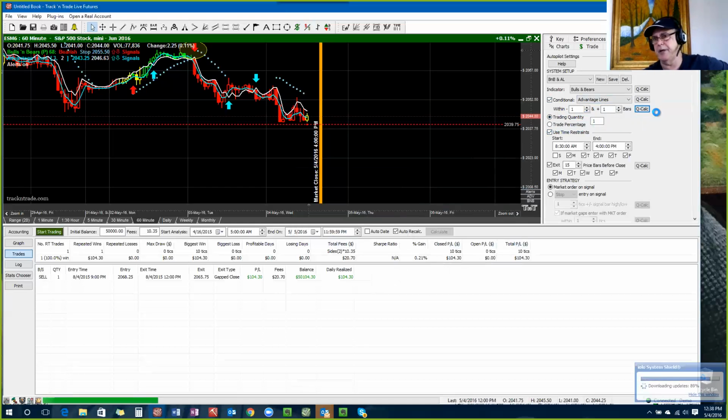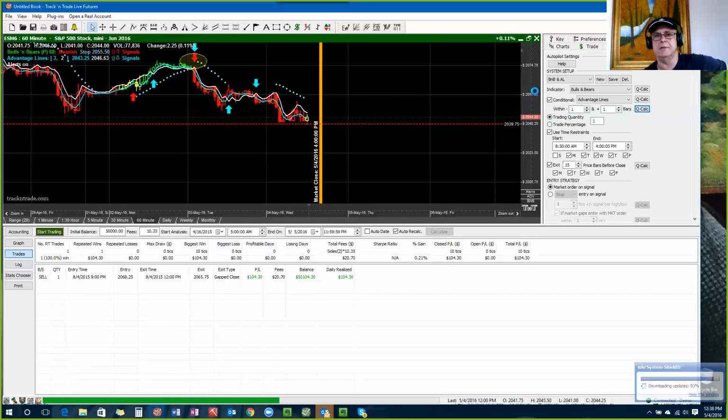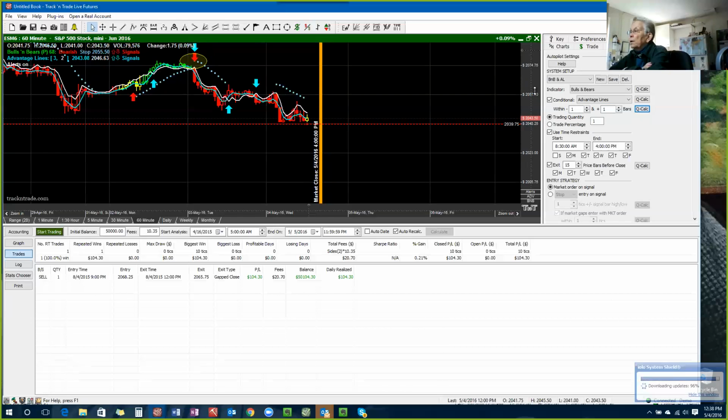I don't like the QCalcs that much. Lan hates them. He said, I wish they were never put on there. He said, the only reason I put them on there is because I had so many of the customers saying, Lan, the computer's so smart, why don't you tell it to go back and find the best settings? Well, why does he hate it? I mean, it seems to work okay.